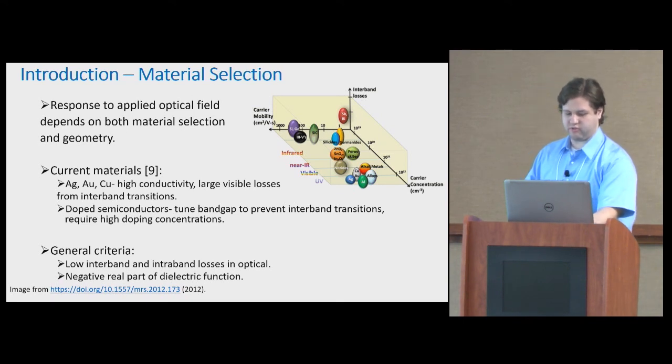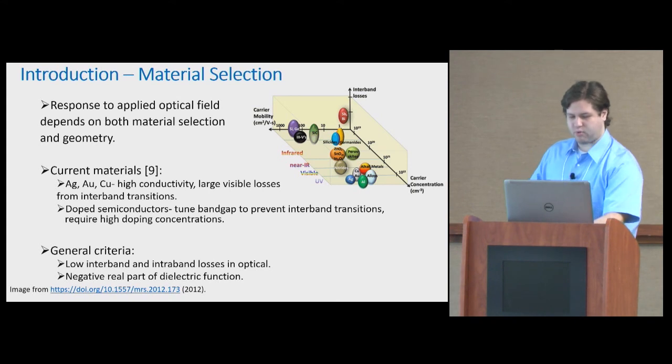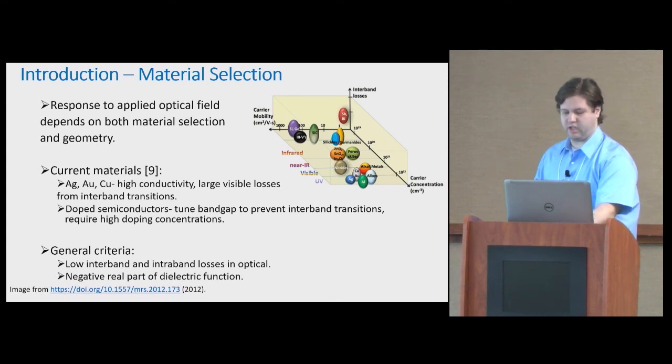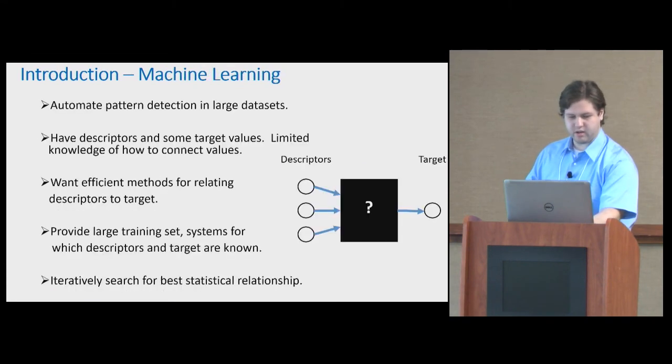So two general criteria we can use in choosing plasmonic materials. First off, we need low interband and intraband losses in the optical portion of the spectrum, and also we need a negative real part of the dielectric function in order for the modes to propagate.